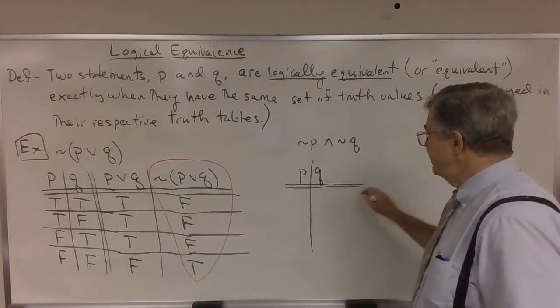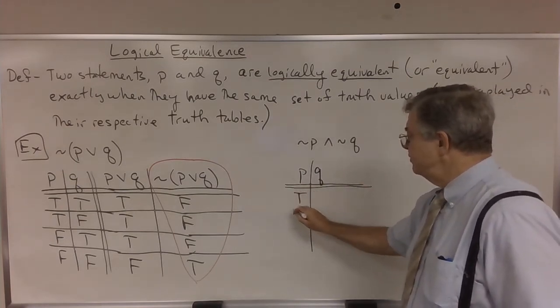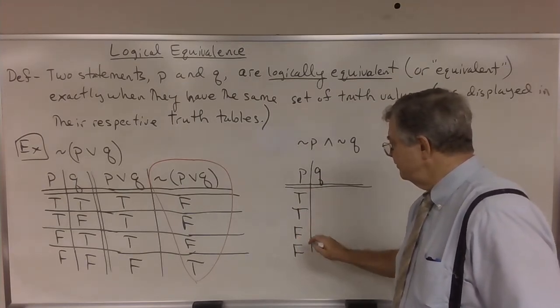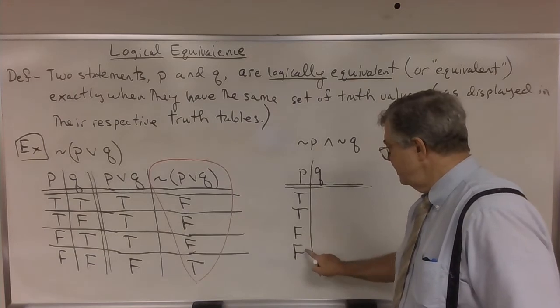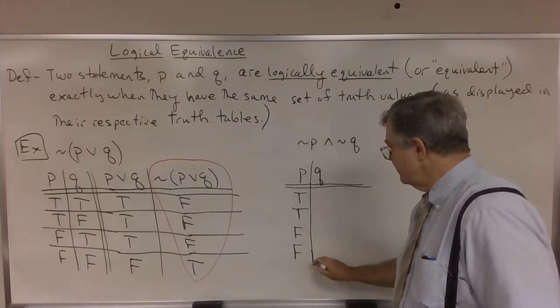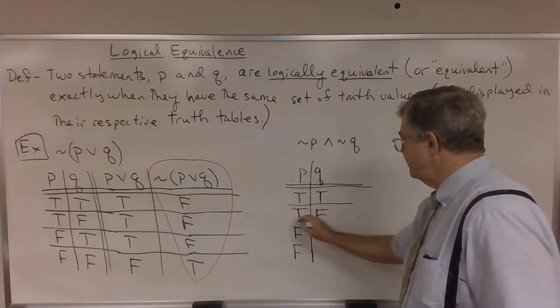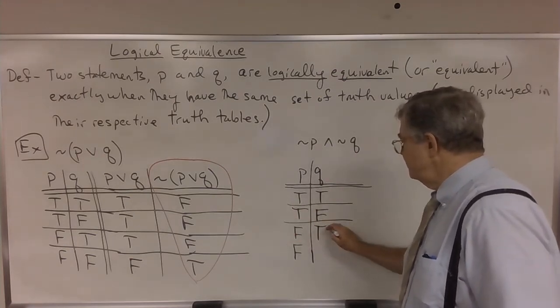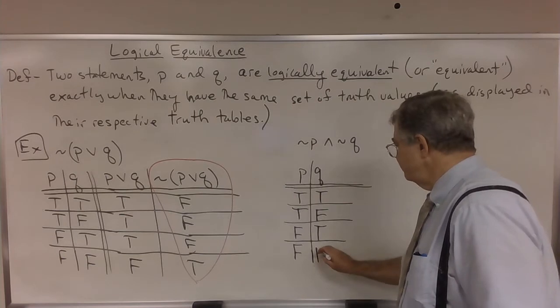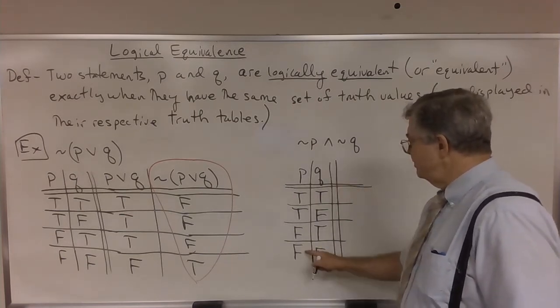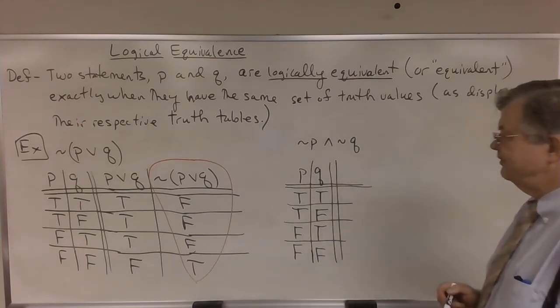We're going to have true, true, false, false for P, and true, false, true, false for Q. This gives all the possible combinations of truth values for P and Q.